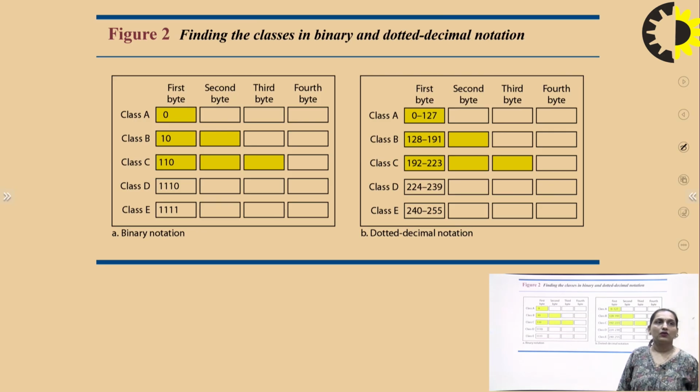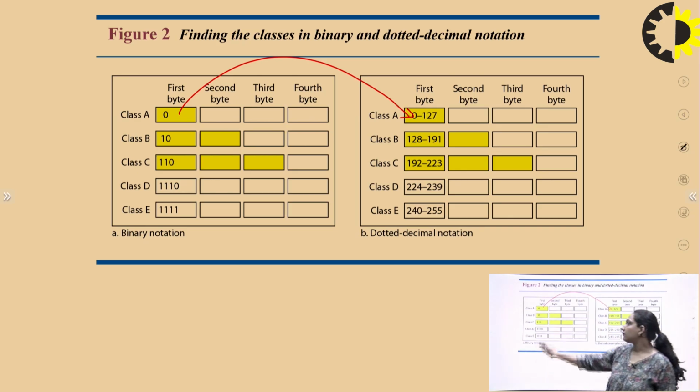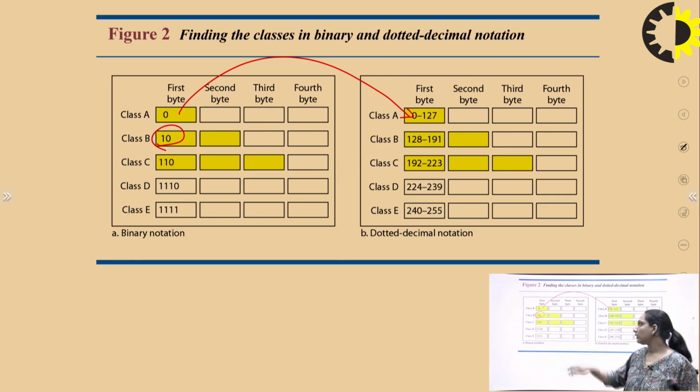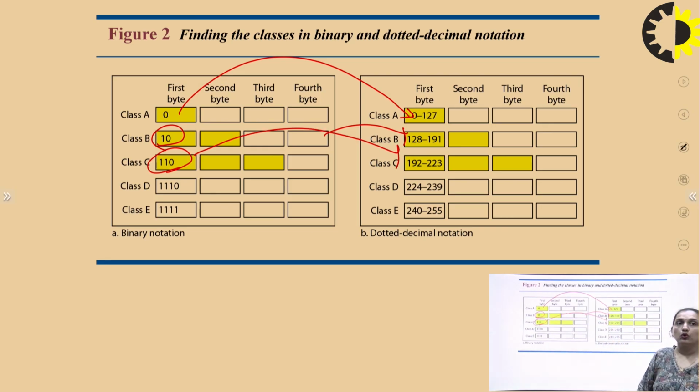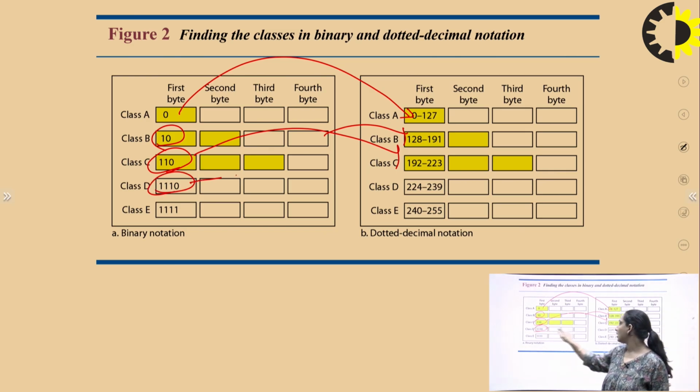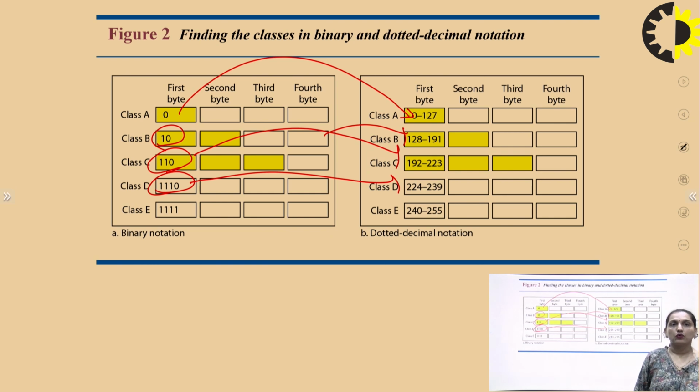The IP which starts with 0 and ranges from 0 to 127 is class A. If the first 2 bits are 10, it ranges from 128 to 191. 110 starts from 192 to 223, and next is 1110, that is the binary representation, with decimal representation 224 to 239, and 1111 gives 240 to 255. This is how we can differentiate between A, B, C, D, E classes.